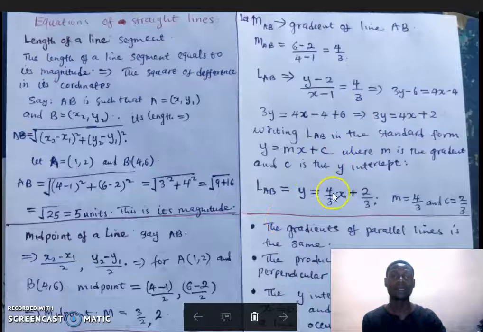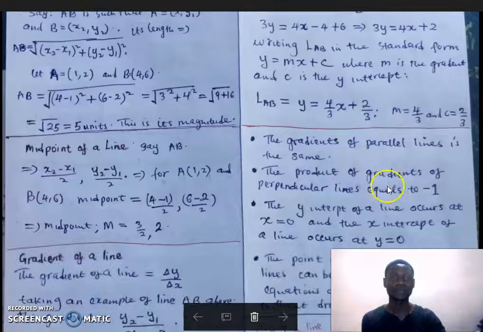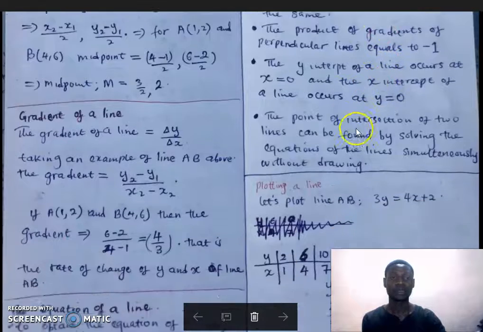Then our equation of that line will be y equals 4 over 3 x plus 3 over 2. So the line segment cuts the y-axis at the point 3 over 2.